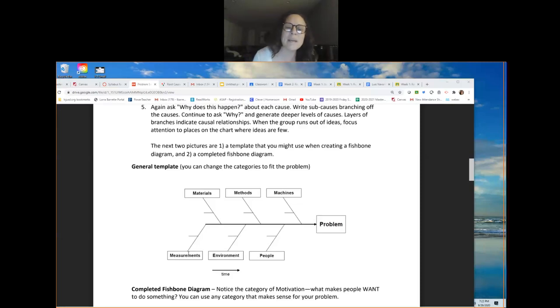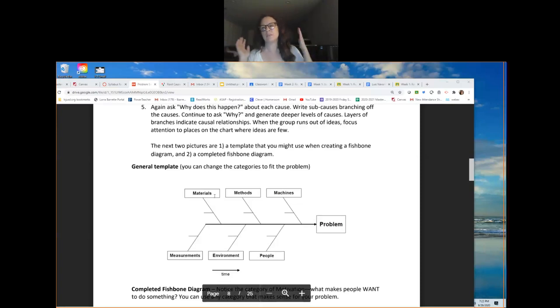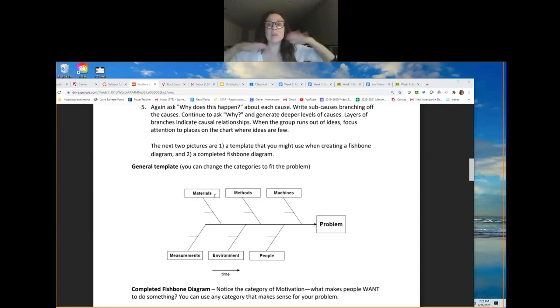And then measurements. Could we have a problem with measurements? Well, I guess yes, because nobody's keeping track of who is doing the dishes and when. So nobody's taking any measurements.